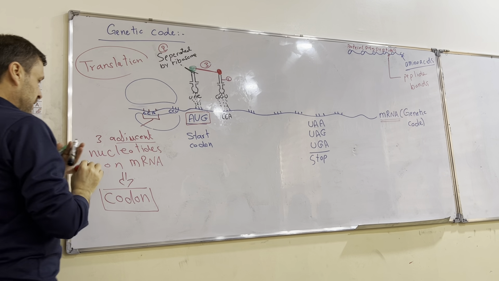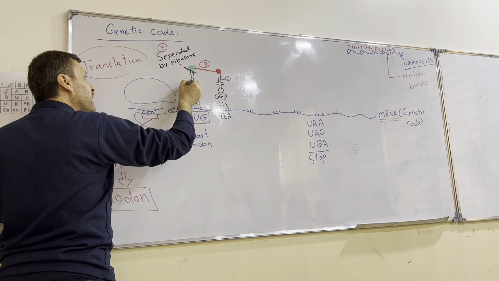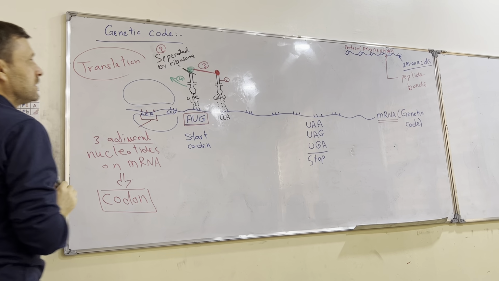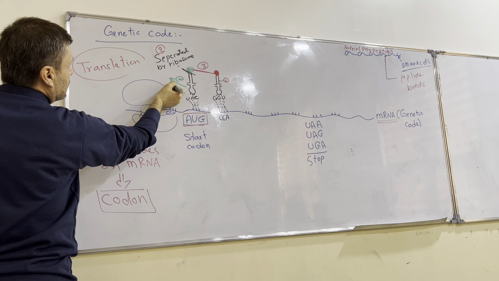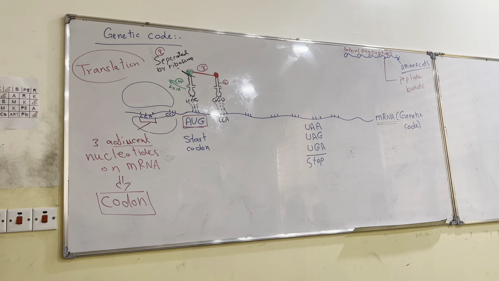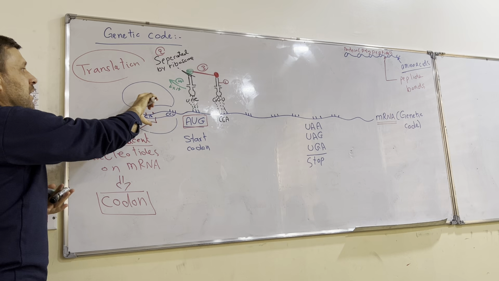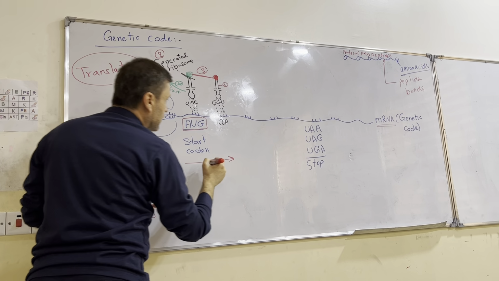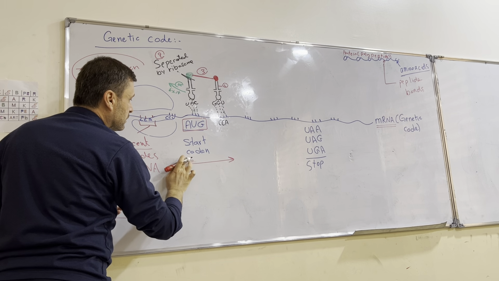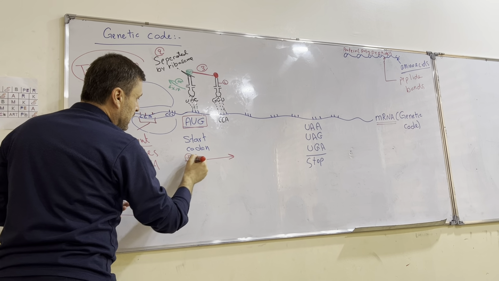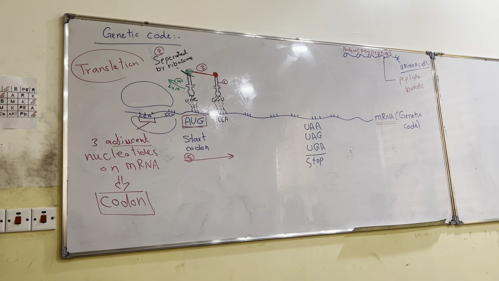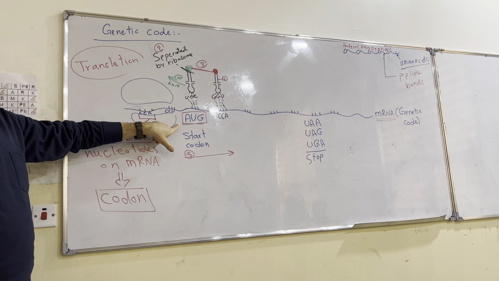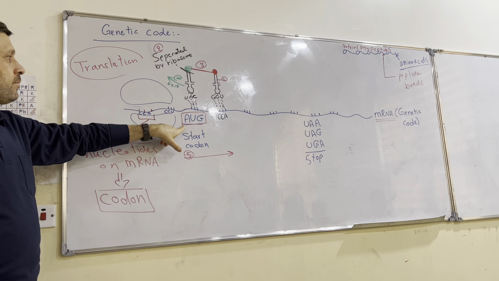The first tRNA exits from the ribosome, and the ribosome moves along the mRNA a distance of one codon. The process begins only with a start codon, which is AUG.